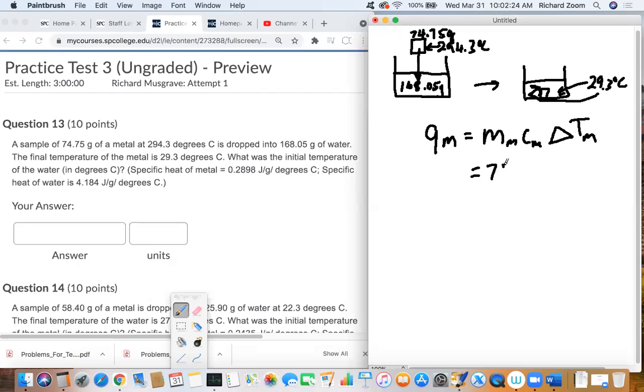So we've got 74.75 grams times the heat capacity of the metal, which was 2.898 joules per gram per degree Celsius, and then times the delta T value, the change in temperature, which is 294.3 minus the final temperature, which was 29.3.